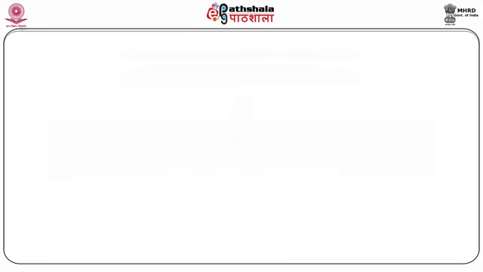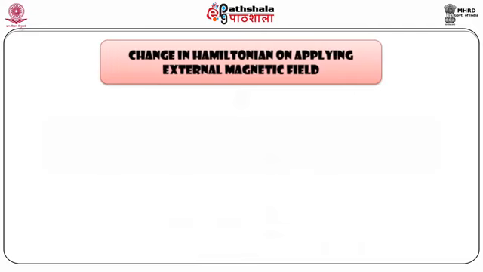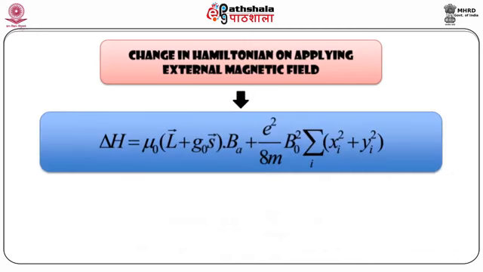Now what we will study in this slide is the change in the Hamiltonian on applying the external magnetic field. When you apply a magnetic field, compared to the absence of magnetic field, you see a change in Hamiltonian, which is delta H. This delta H, shown in this equation, is equal to μ_B in brackets (L plus g_0 S) multiplied by B_a plus e square divided by 8m B_0 square summation over x_i square plus y_i square.